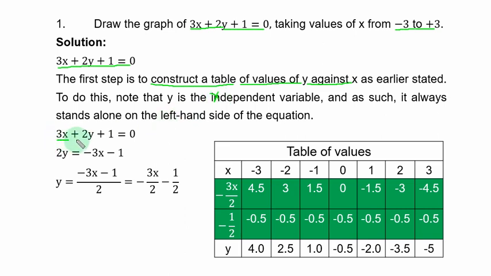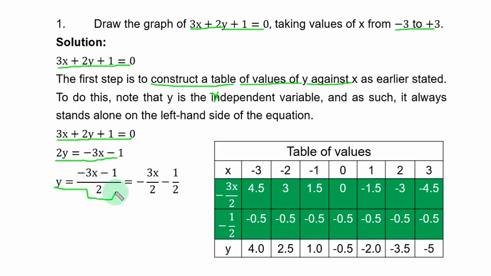So we have the function 3x plus 2y plus 1 equal to 0. First, you need to make 2y the subject by transferring plus 3x and plus 1 to the right hand side. So you have 2y equal to minus 3x minus 1. You divide through by 2 and you have y equal to minus 3x minus 1 all over 2.